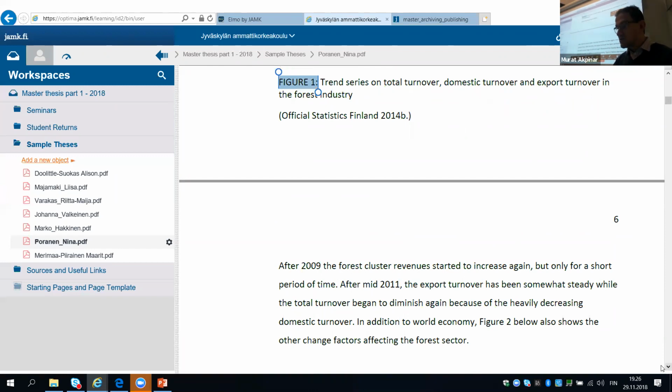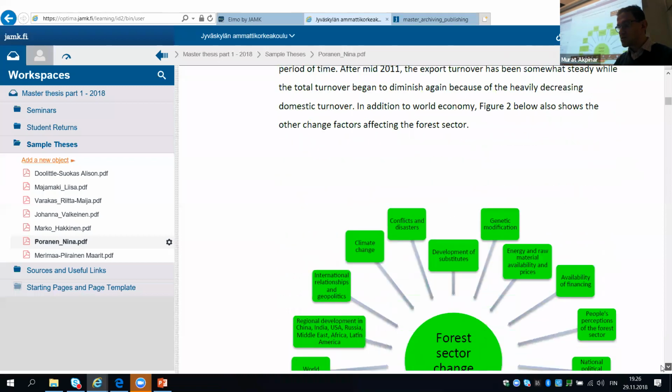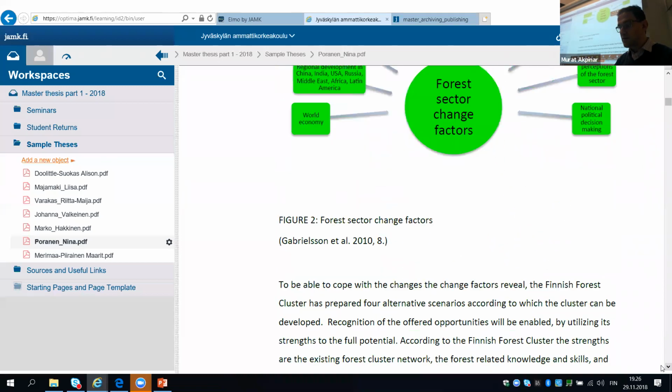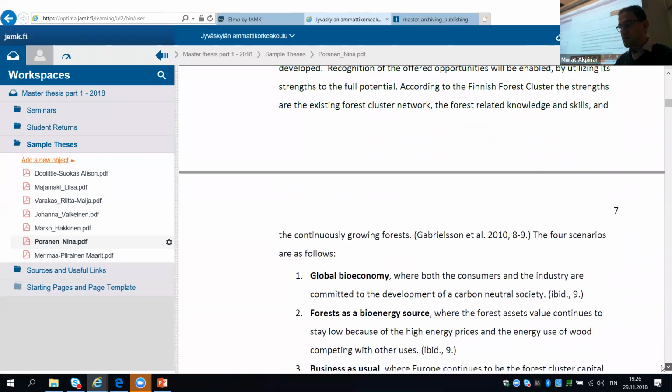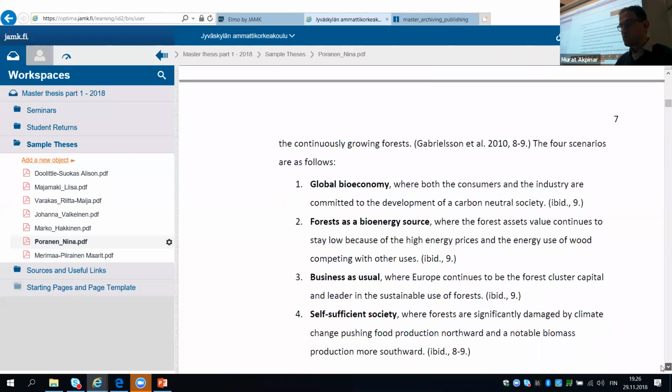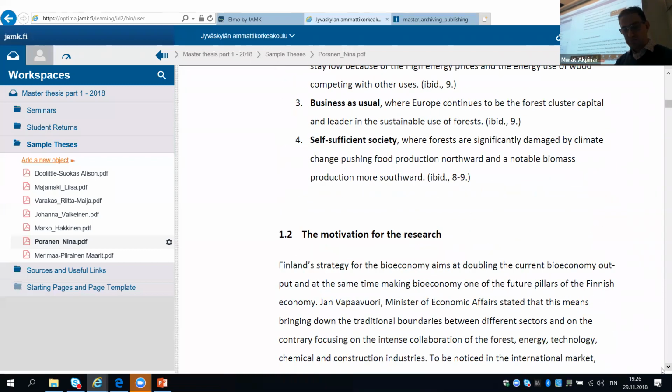So from Finland, she's moving down to the Finnish forest cluster here as the background. And then comes the motivation. And here in the motivation, what we see is that the focus is more on Finland now.